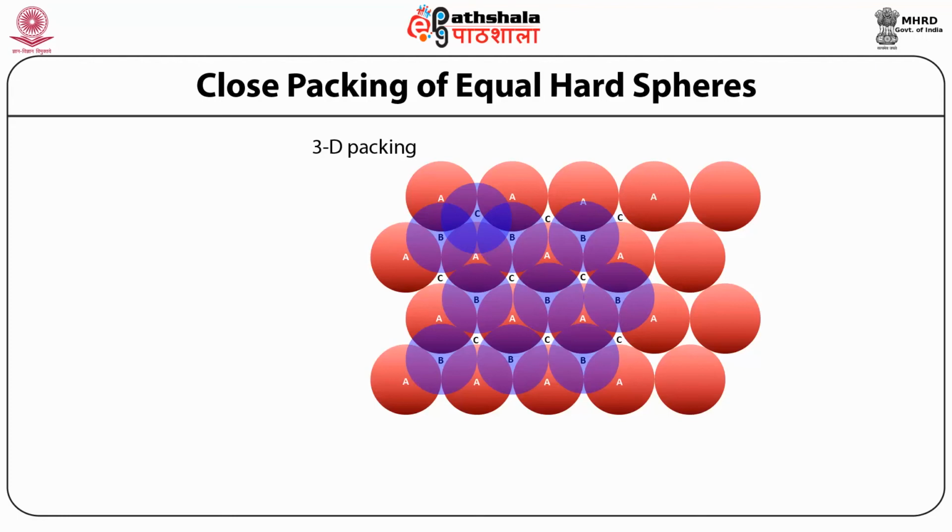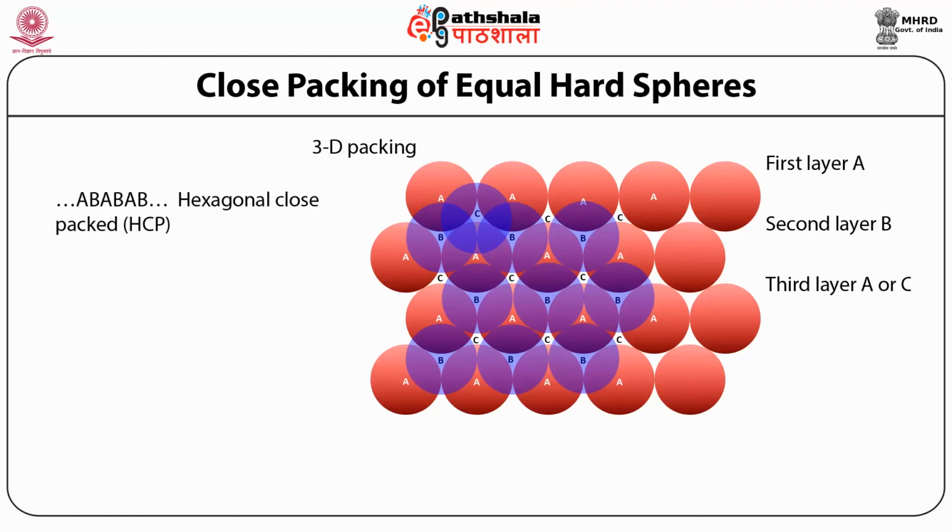After forming the second layer B, the third layer A or C can also be formed by putting the atoms over C. So, this is a close-packed crystal with two possibilities. If the possibility is AB, then it is hexagonal close packed, and if it is ABC, then it is cubic close packed.